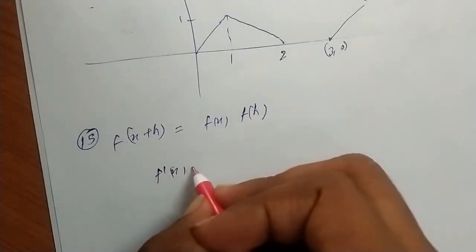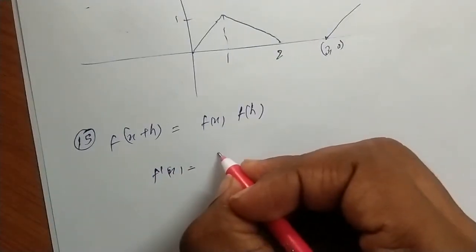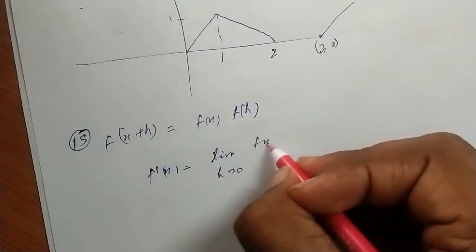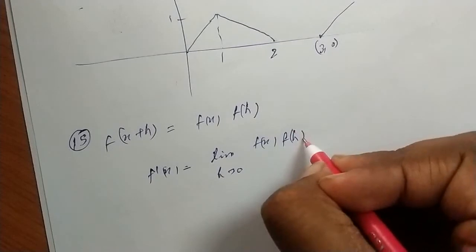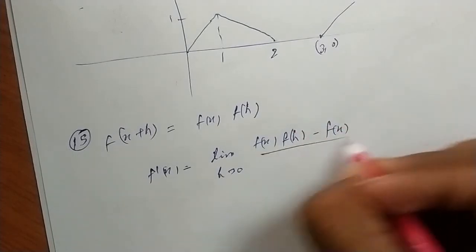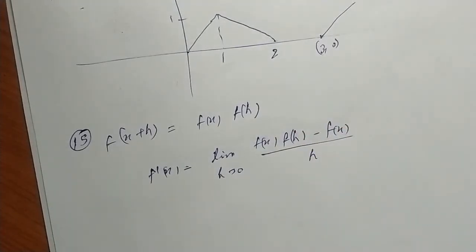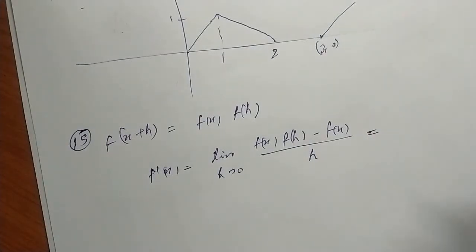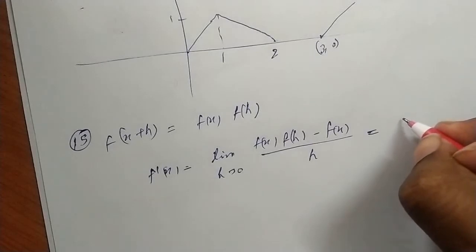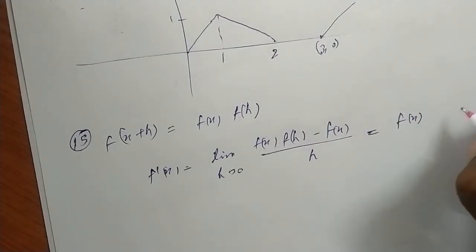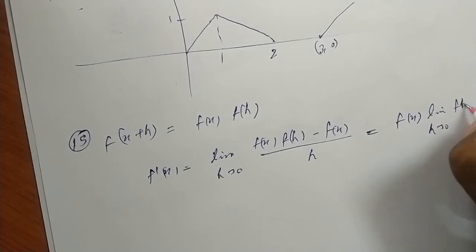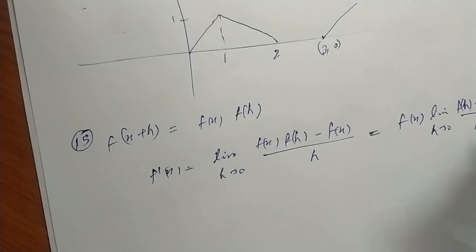And f dash x is equal to limit h tends to 0 of f of x plus h minus f of x upon h, which is f of x times limit h tends to 0 of f of h minus f of 0 upon h.